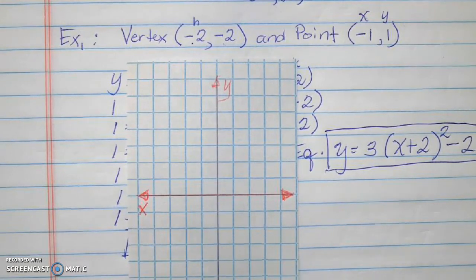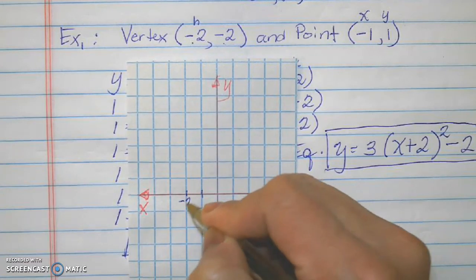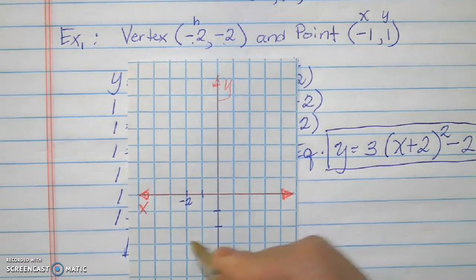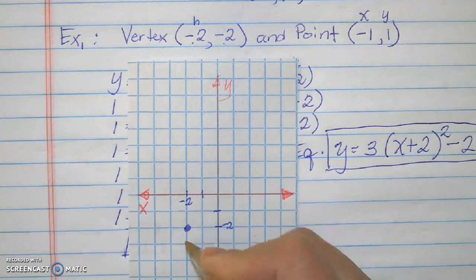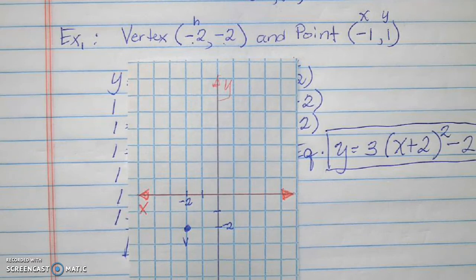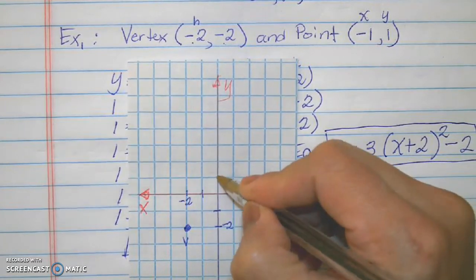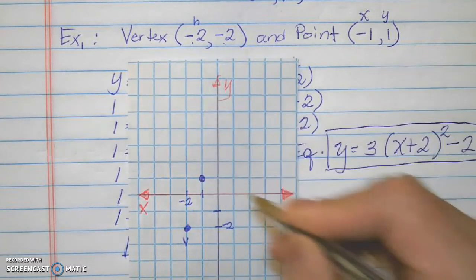If your vertex is -2, -2, that's your vertex, that's your v. And then your point is -1, 1. This is your point.